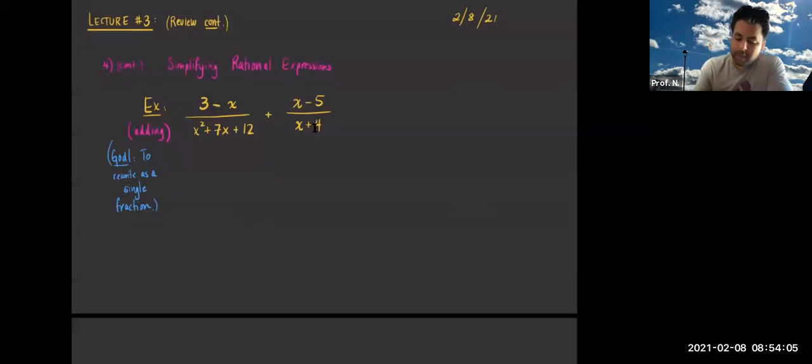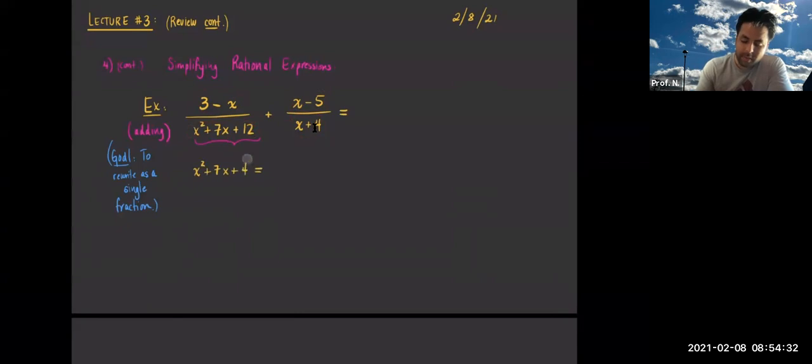So Rita says, hey, let's factor. So let's look at the first expression. These expressions here are only binomials. You can't really factor them any further. So the only expression here that you can factor is this denominator. So what's the factorization of x squared plus 7x plus 12?